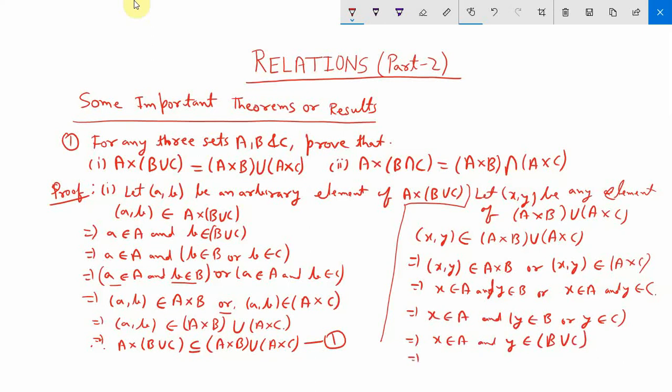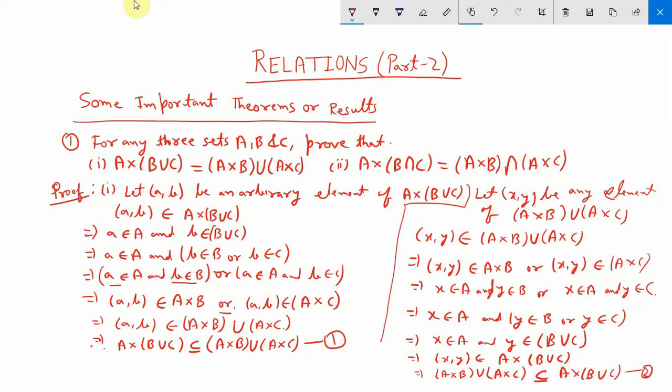So this we may write (x, y) is an element of A cross (B union C). Okay, it implies (A cross B) union (A cross C) is a subset of A cross (B union C). It is our second point.